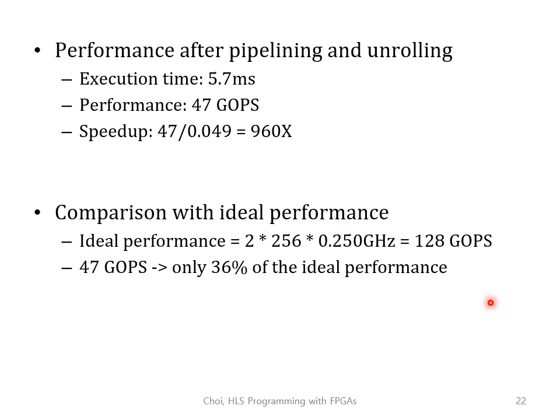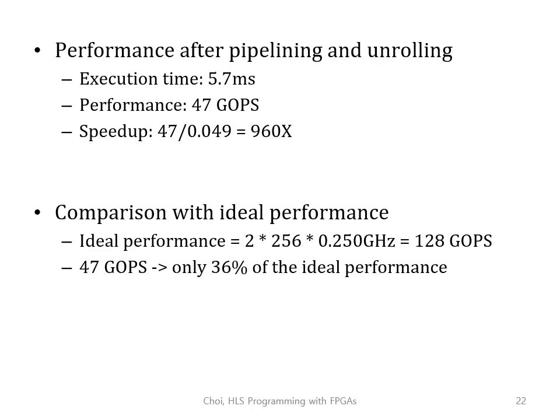So 2 times, for multiply and add, times 256 MAC unrolling factor, times the F1 clock frequency of about 250 megahertz. So this comes down to 128 gigaops, and this is the ideal performance.